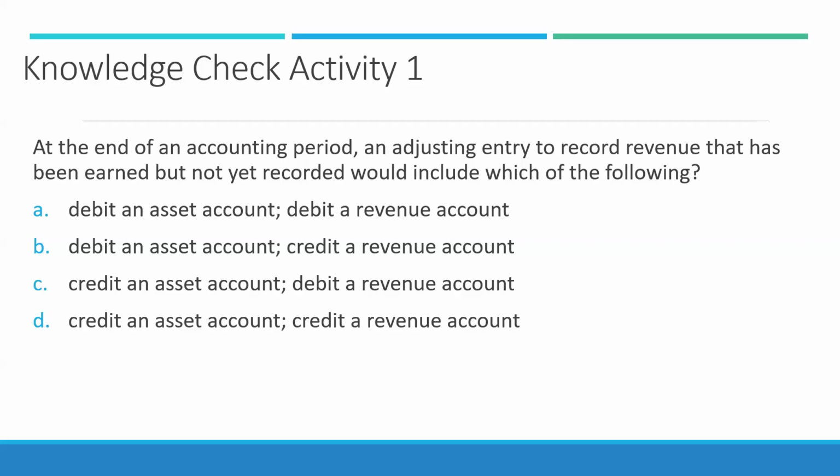We have revenue, but we didn't record it yet. So when we need to show an adjusting entry to show that revenue was earned and we're going to receive some money soon, how do we handle that? Anyone?